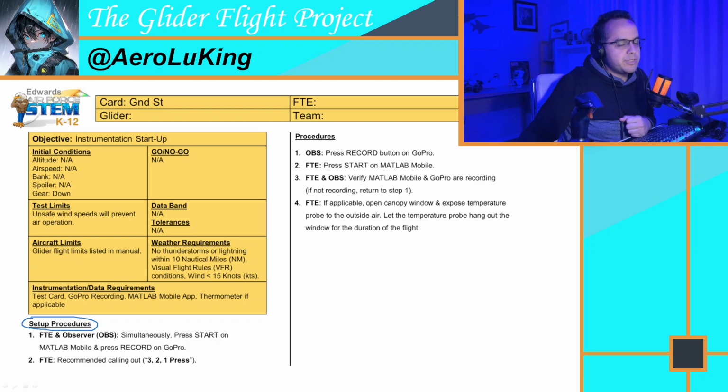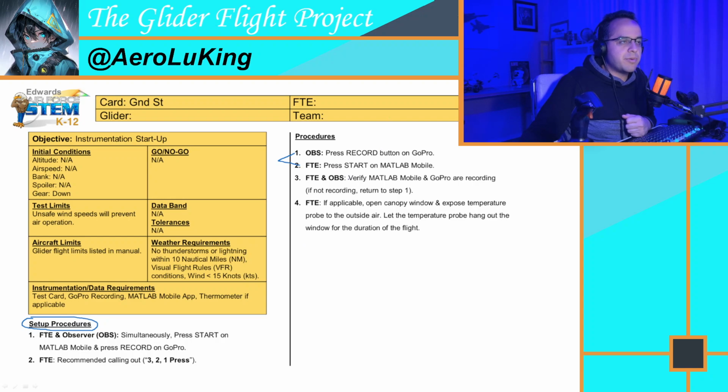So again, the setup procedure is just giving you some advice. On the right side, you'll actually have the procedures themselves. So in this case, step 1, observer click record on the GoPro. Step 2, the FTE start on the MATLAB mobile app. But if you remember from the setup procedures, it says that these two should be done simultaneously for that reason. So even though it's not maybe clear here, on the left side it's telling you you should do that.